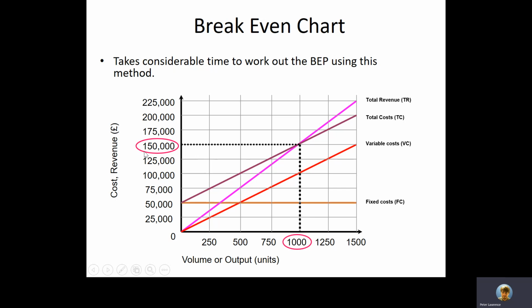So at £150,000 worth of costs, we also make £150,000 worth of revenue. So we have neither made a profit nor a loss. And at that point where the two lines meet, our output is 1,000 units. So that is our target to aim for. How many products do we need to sell in order to neither make a profit nor a loss?